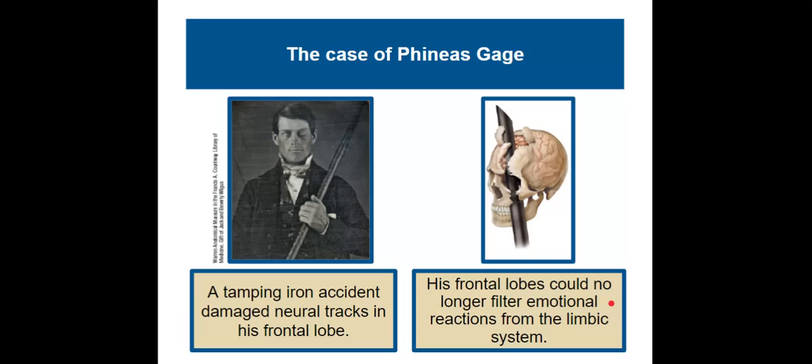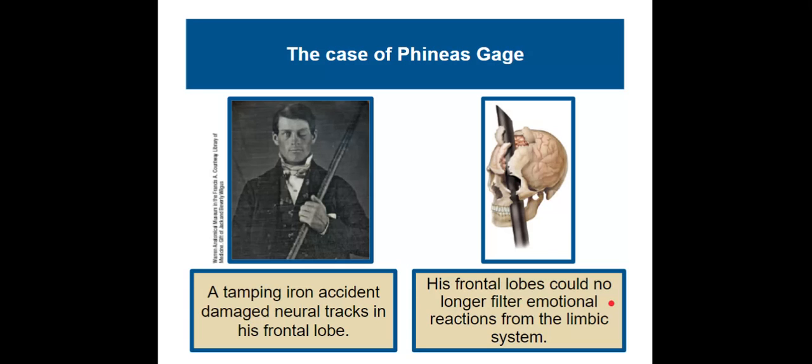He would get very angry at the drop of a hat. He would forget people. He would forget things that he had done earlier in the day, and this was very unlike him. So through the case study of Phineas Gage, we realized that his frontal lobes could not interpret the emotion any longer because they had been damaged. And that caused emotional reactions in the rest of his behaviors.